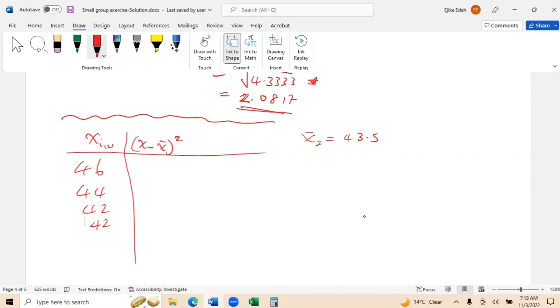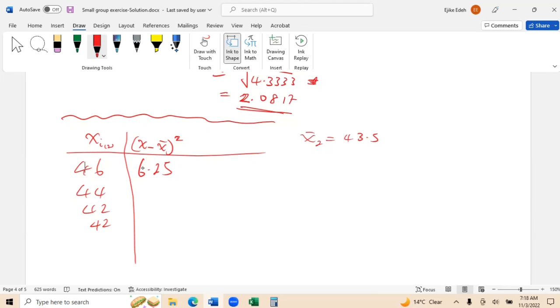I'm going to do each of these minus the mean and square them. So 46 minus the mean, which is 43.5, gives me 2.5. Raise that to the power of 2, and I get 6.25. Next, 44 minus the mean, which is 43.5, gives me 0.5.